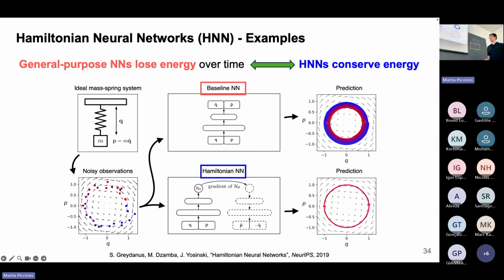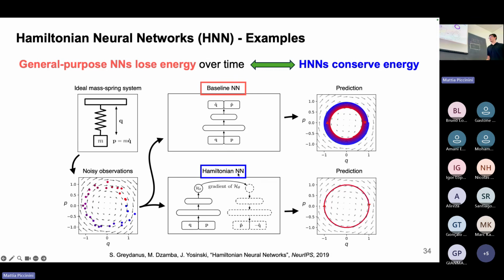You have your observations. You can use them to train a baseline general purpose network from Q and P. It learns Q dot and P dot, and then you integrate Q dot and P dot over time, and you tend to lose energy. You can lose energy if the training goes badly.